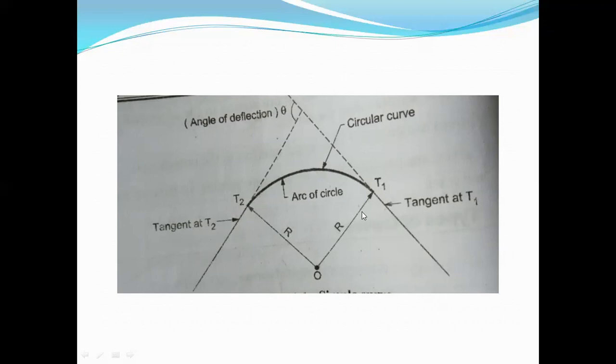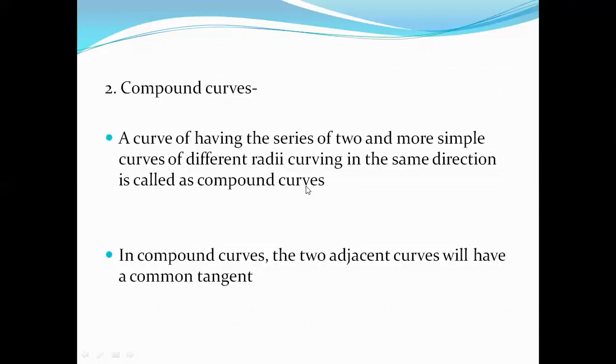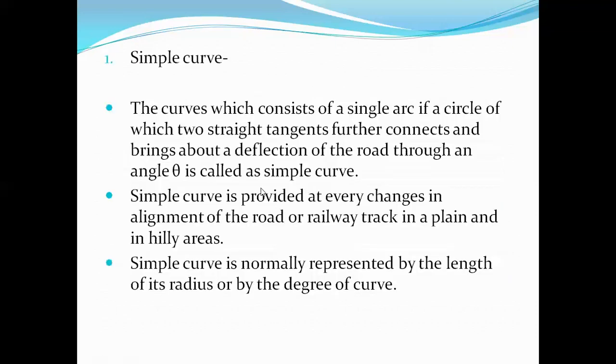Tangent 1 and tangent 2 make an angle of deflection theta and join one circular arc. This curve is a simple curve. The curve which consists of a single arc of a circle and two straight tangents, and brings the deflection of the road through an angle theta, is called a simple curve.